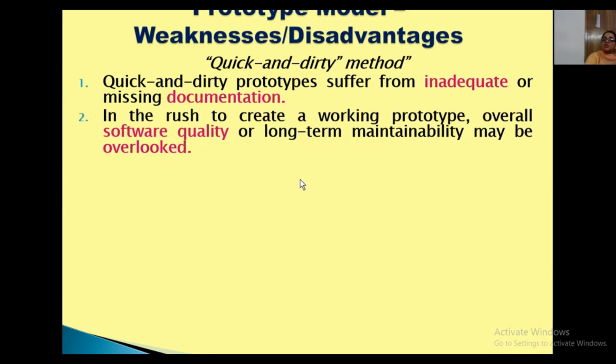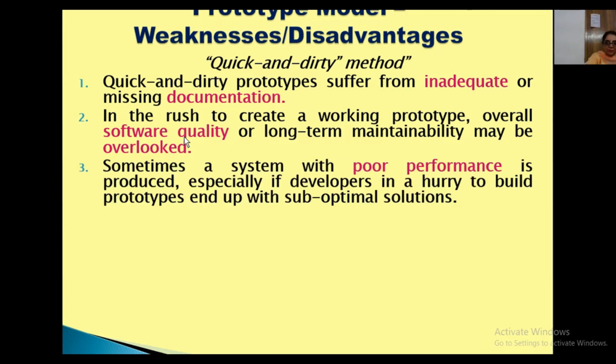In the rush to create a working prototype, overall software quality or long-term maintainability may be overlooked. We look forward to developing a working prototype in haste, so the software quality and long-term maintainability is generally overlooked or left out somewhere.